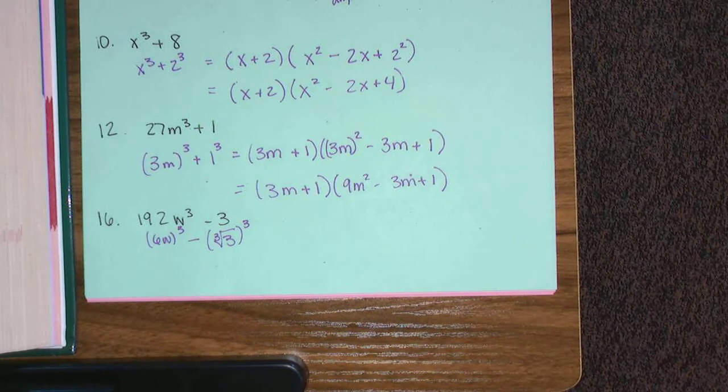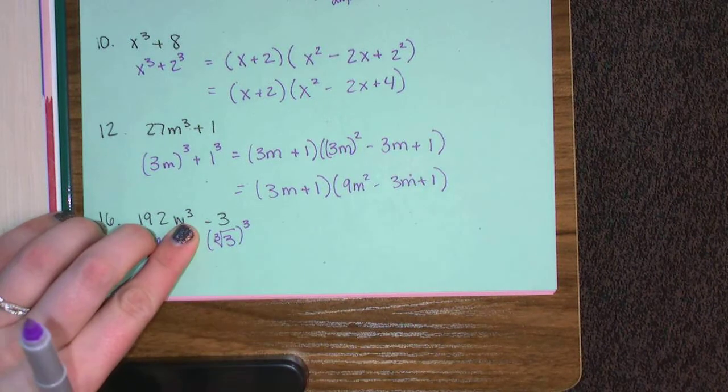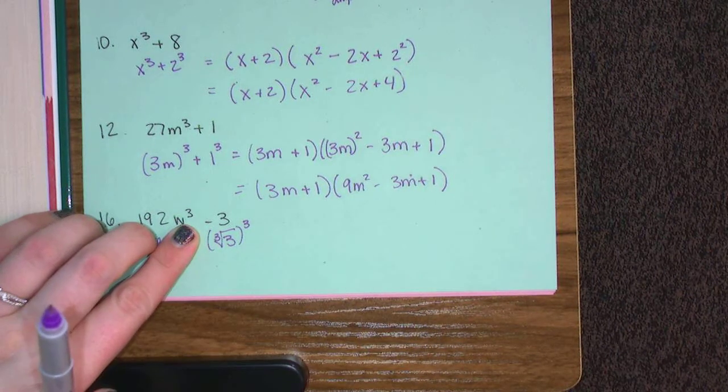I'm not bringing back the i's. 6 cubed does work. I'm doing the 3 now. I'm taking the cube root of 3 and then cubing it. If I take the cube root of something and then I cube it, those cancel. So this is equal to 3. Okay, so this is how you can rewrite it.